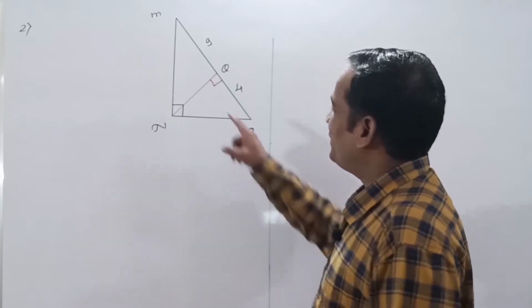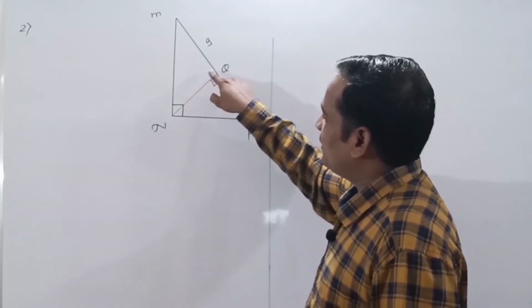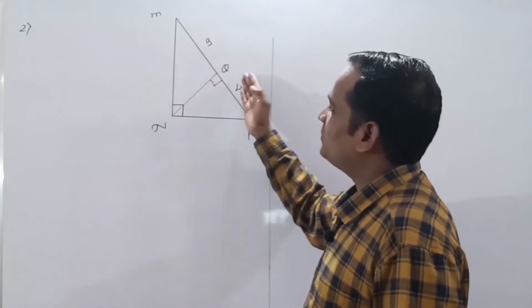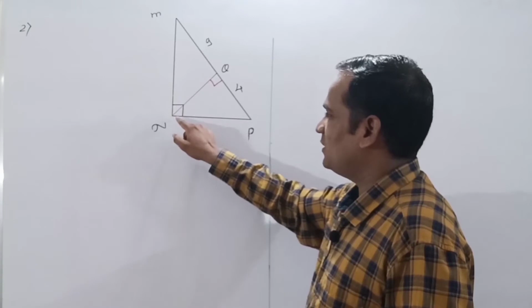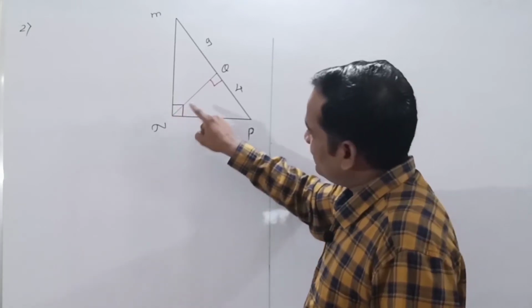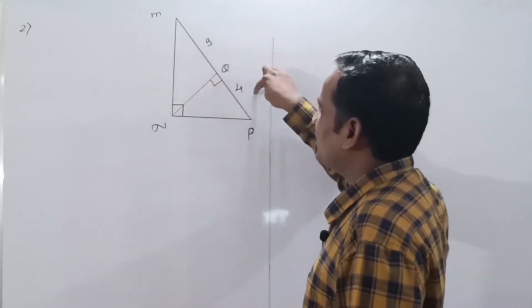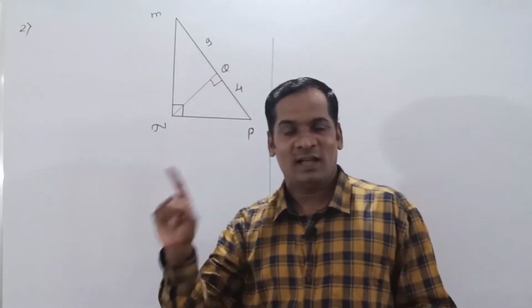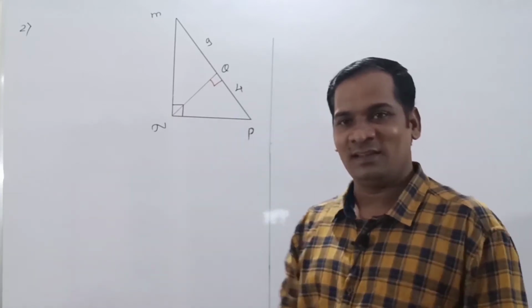So what is there in the geometric mean theorem? So if we draw that perpendicular to the hypotenuse from the opposite vertex, that means this is the opposite vertex, which is angle N equal to 90 degree, then this perpendicular is the geometric mean of those segments into which hypotenuse is divided. Now this is the geometric mean theorem.